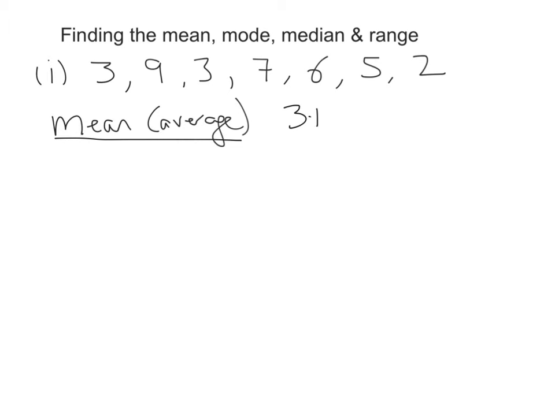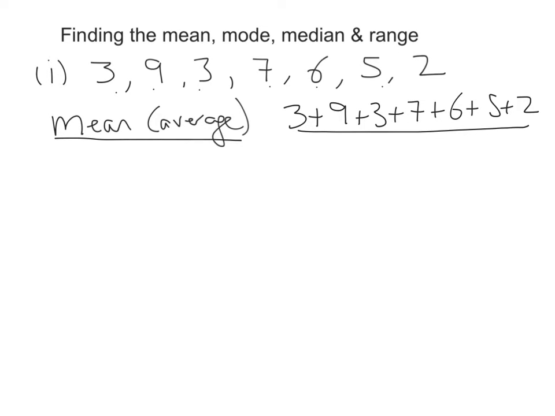So 3 plus 9 plus 3 plus 7 plus 6 plus 5 plus 2, and you're going to divide by the amount of numbers in that list. So that's 1, 2, 3, 4, 5, 6, 7. Add those all together and divide by 7. So that's going to give me 35 divided by 7, and that gives me 5.